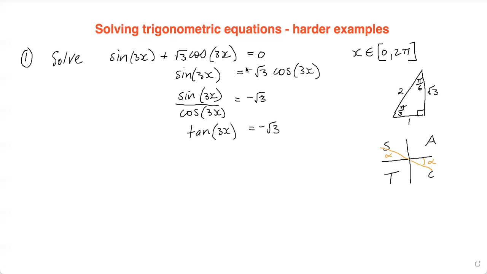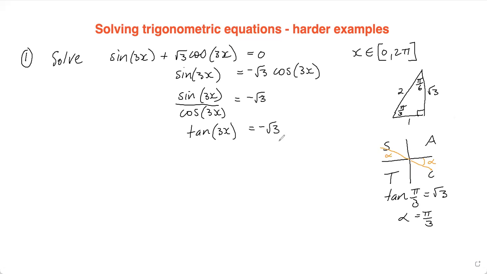From the exact value triangle, I can see that tan pi on 3 gives me root 3 on 1, which is root 3. So that's telling me that alpha is pi on 3. I'll just make a note of that there. So alpha is pi on 3.